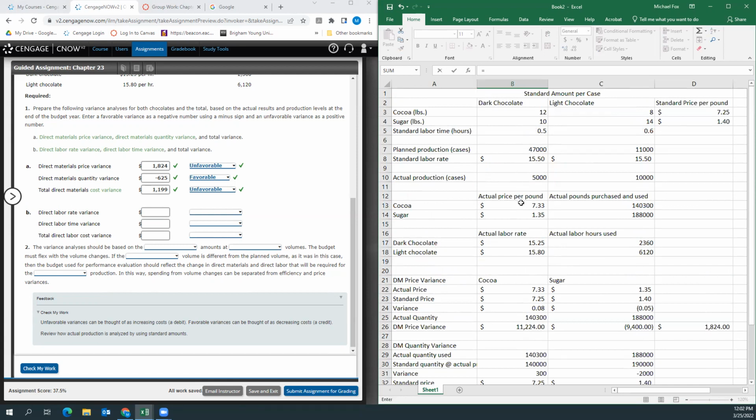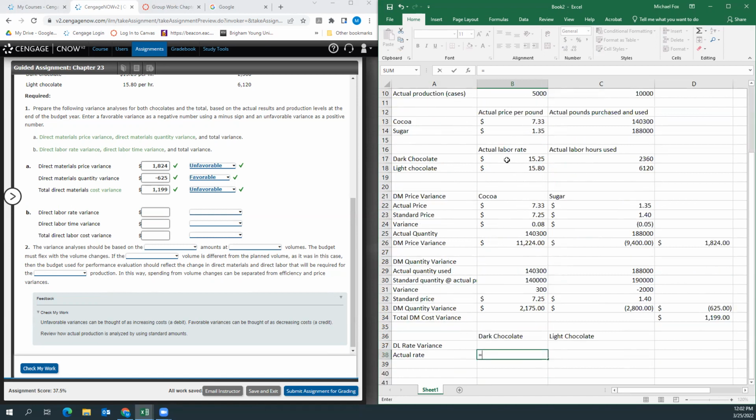Standard, actual price per pound, actual labor rate. There it is. So for dark chocolate, it's $15.25 a pound. And for light chocolate, it is $15.80 a pound. That's our actual labor rate, what it actually costs us.